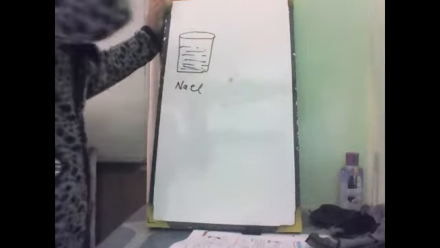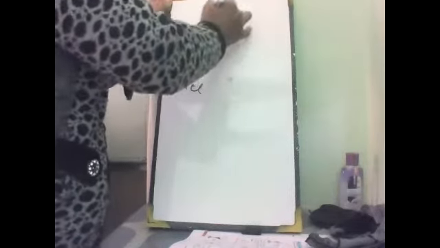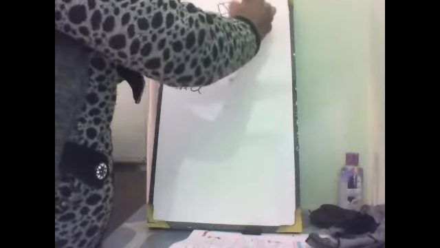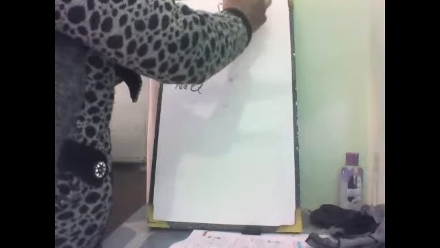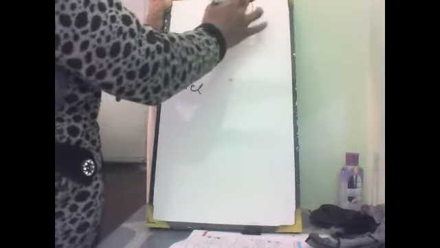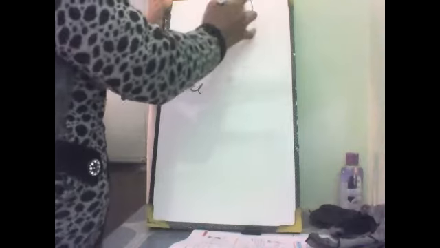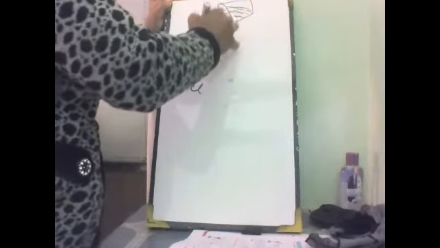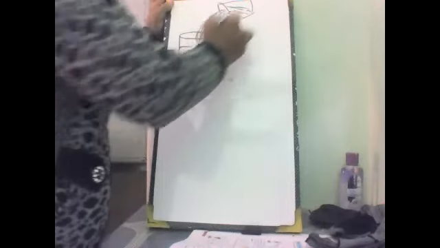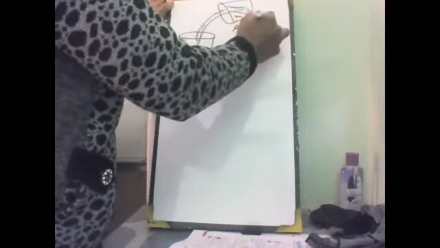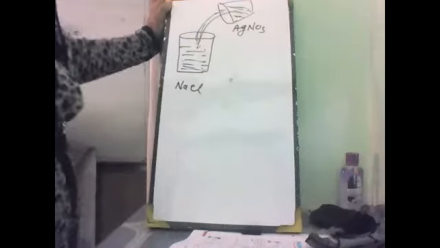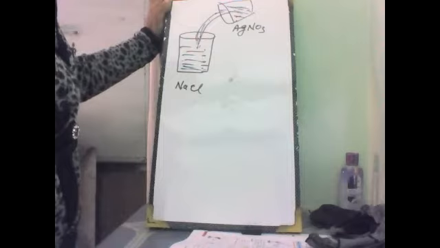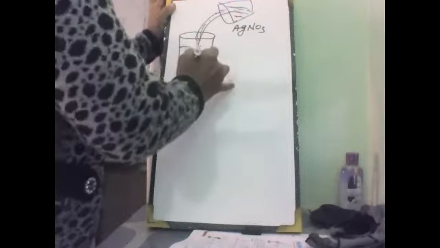When we pour silver nitrate, AgNO3, the sodium chloride and silver nitrate exchange their radicals and form a white precipitate of silver chloride.